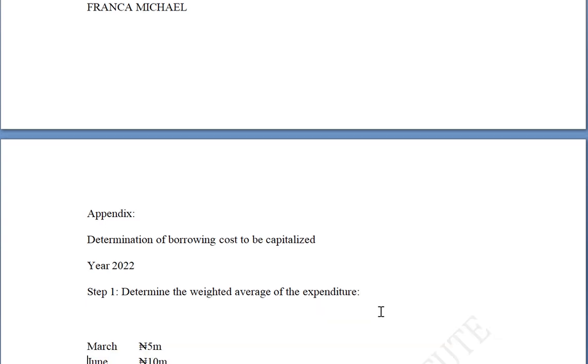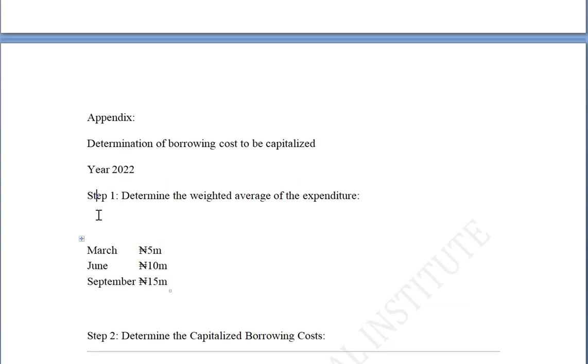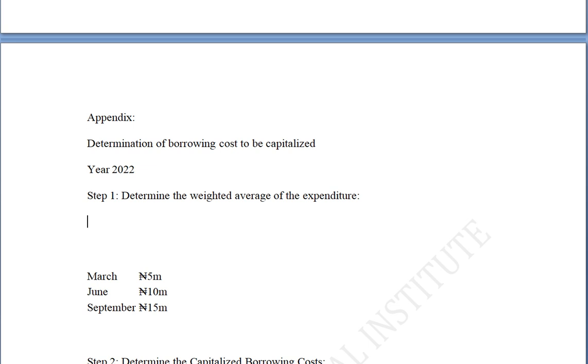I told you how to do it: prorate it based on the number of months. This one was taken in the month of March, so we have to determine it. We have 5 million multiplied by March to December, which is 10 months, 10 divided by 12.